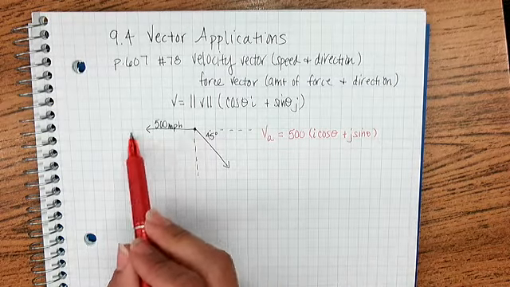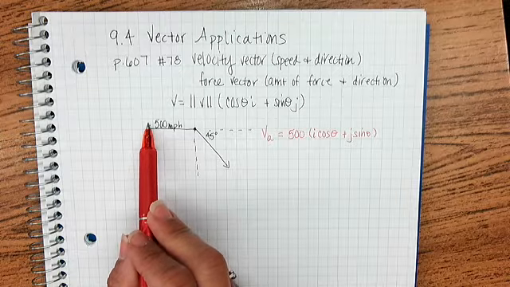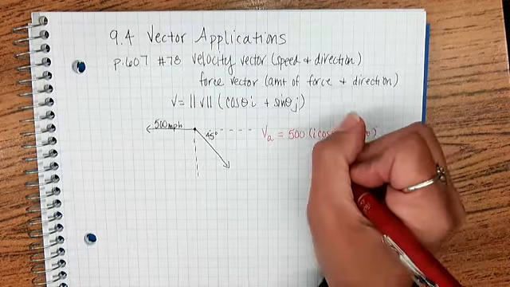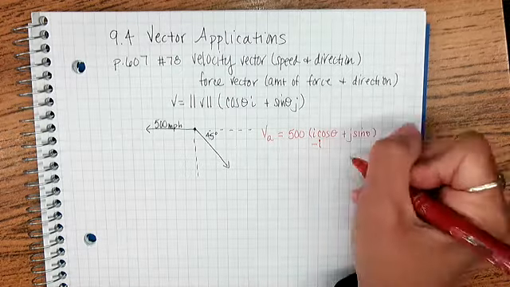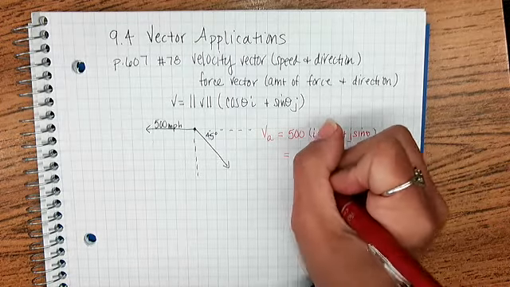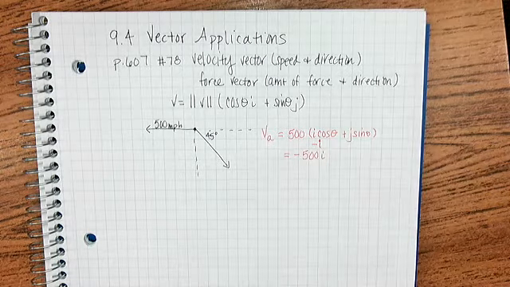All right, so we're going to assume this is 180. So the cosine is -1. This is going to be negative i, and then the sine is 0. So this is going to end up being negative 500i.